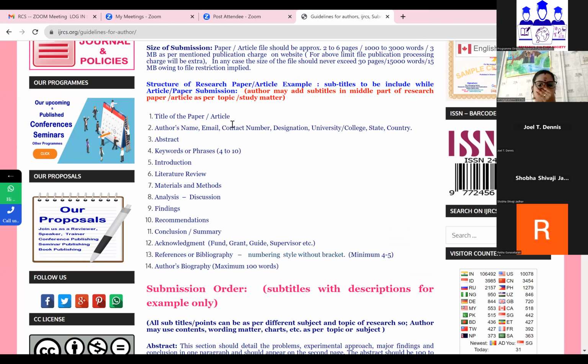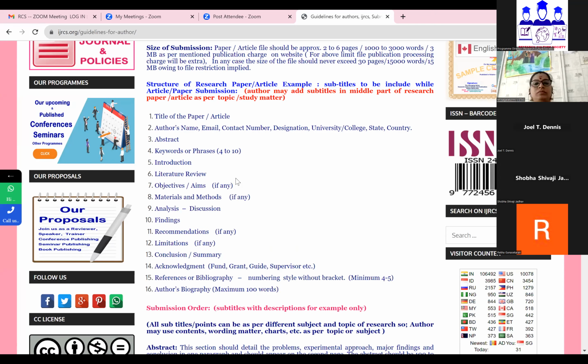First should be the title of the paper or article, author name, including email, designations, affiliations. Next is abstract and keywords. Next, introduction. Then literature review. If any, objectives or aims, then methods and materials.